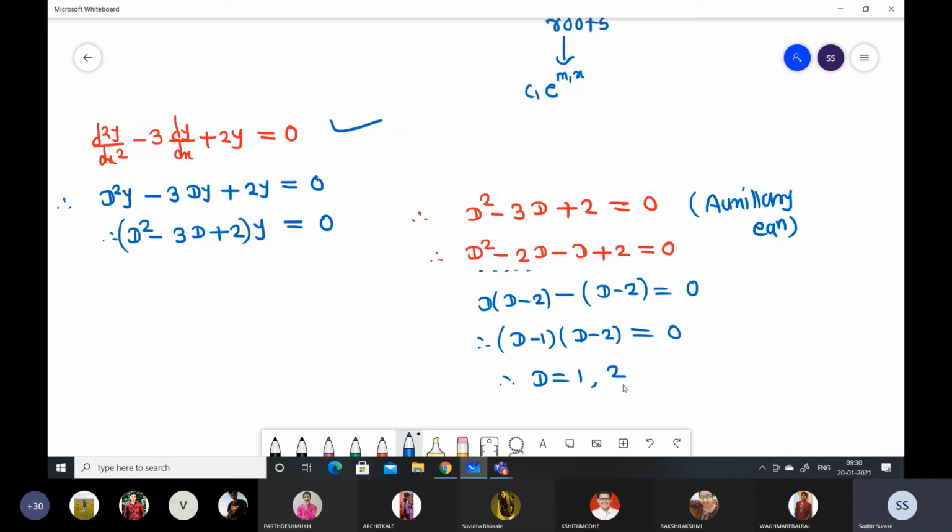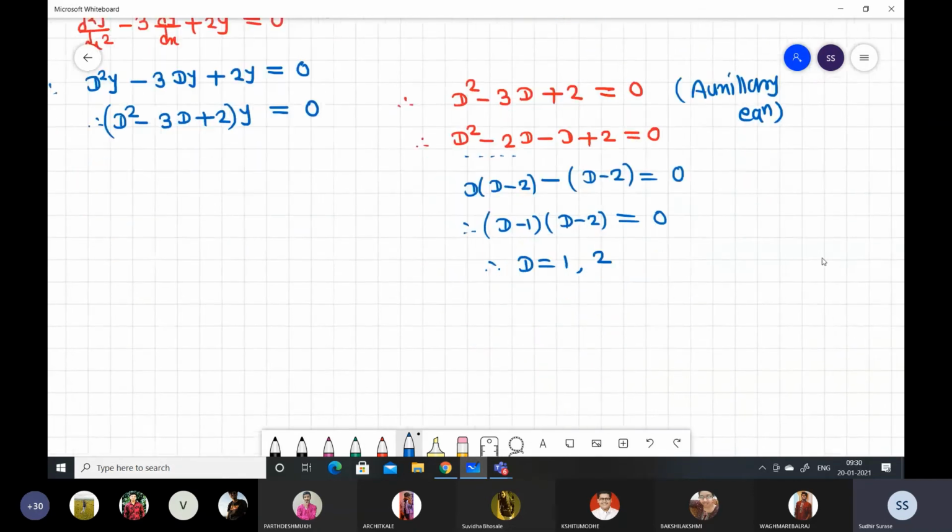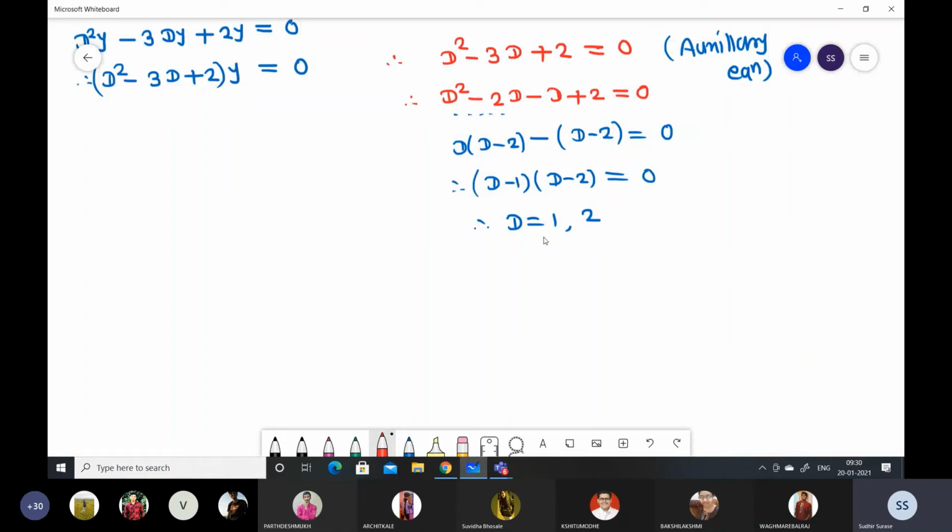These are the two roots, and once you get two roots, you write the solution as y equals c1 e to the power 1x, corresponding to the first root, plus c2 e to the power 2x for the second root.